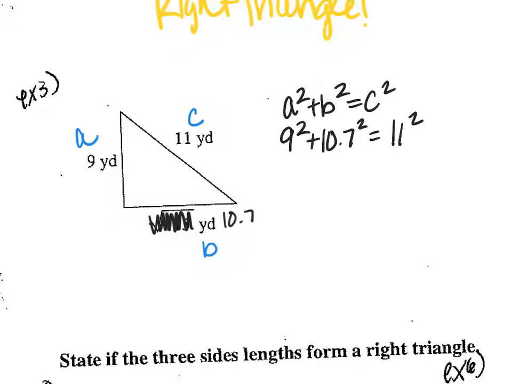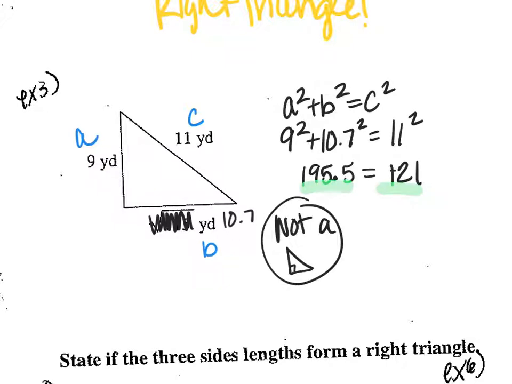And does it equal 11 squared? So 9 squared plus 10.7 squared is 195.5 about. And 11 squared is 121. So are these the same? Nope. So it is not a right triangle.